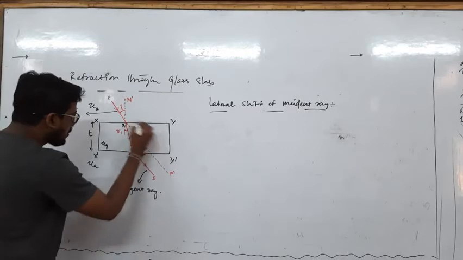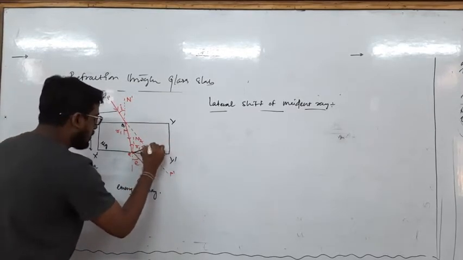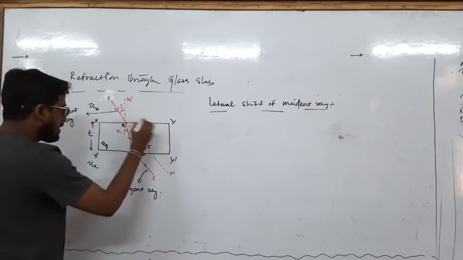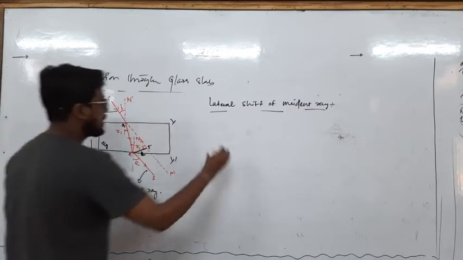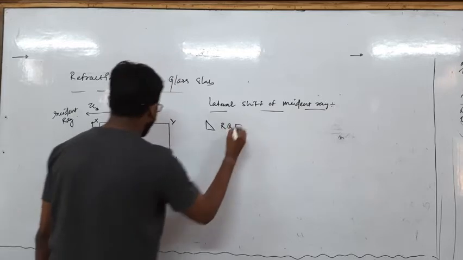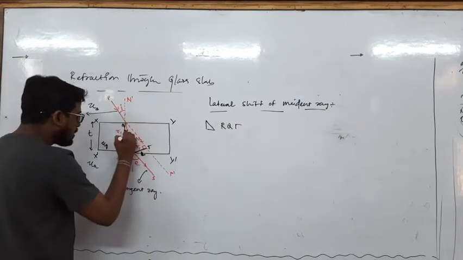So now consider the right angle triangle RQT, let this perpendicular be RT. Okay, so now in the right angle triangle RQT, if this angle is I, this angle is R1, this is the normal.